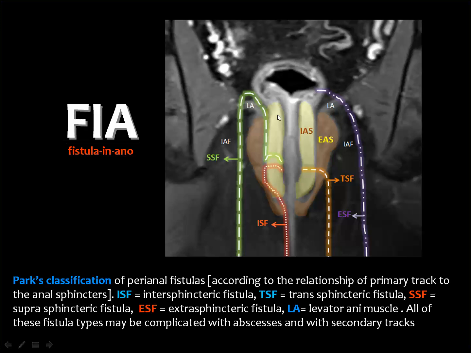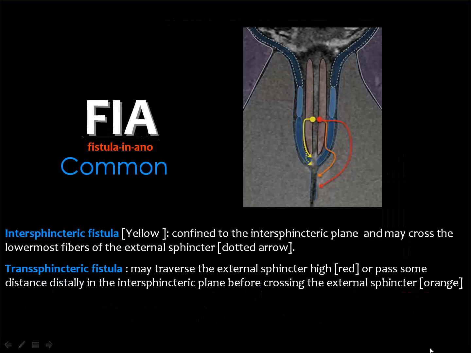If it reaches the puborectalis, this is enough for the name suprasphincteric fistula. But if it goes up above the levator ani, this is also a suprasphincteric fistula. The last type, which is an extrasphincteric fistula, is a tract connecting the outside directly to the rectum above the level of the levator ani.